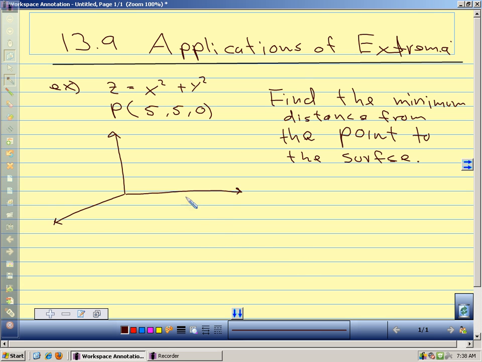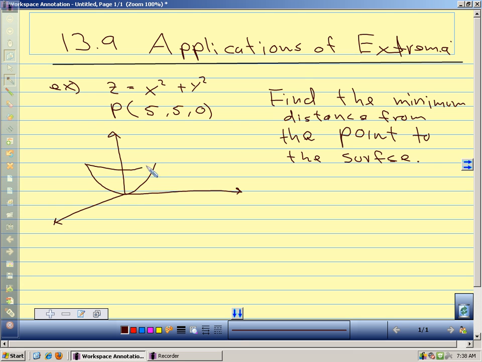So this would be a paraboloid, right? If we look in the xz plane, z equals x squared, we get a parabola. In the yz plane, we get z equals y squared, a parabola. For z constant, we get circles. So we get this paraboloid.